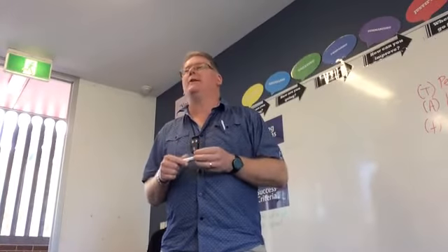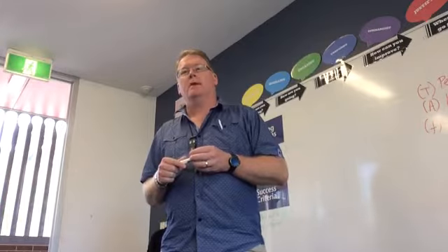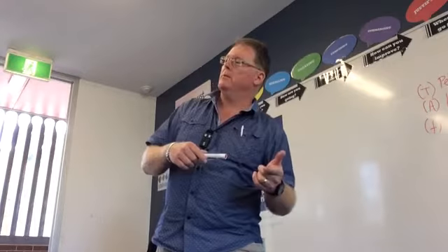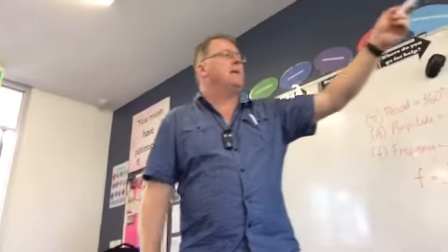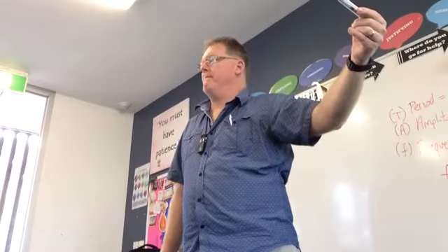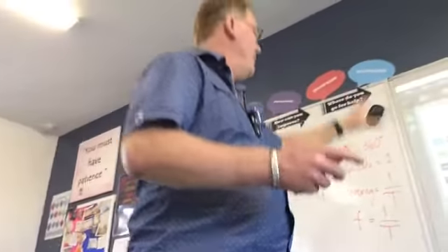Period is measured in seconds, generally, because it's how long, and frequency is cycles per second. In our example, instead of cycles per second, it'll be cycles per degree. What we're going to look at is how they're all related to each other, so we're going to come back to that in a moment.